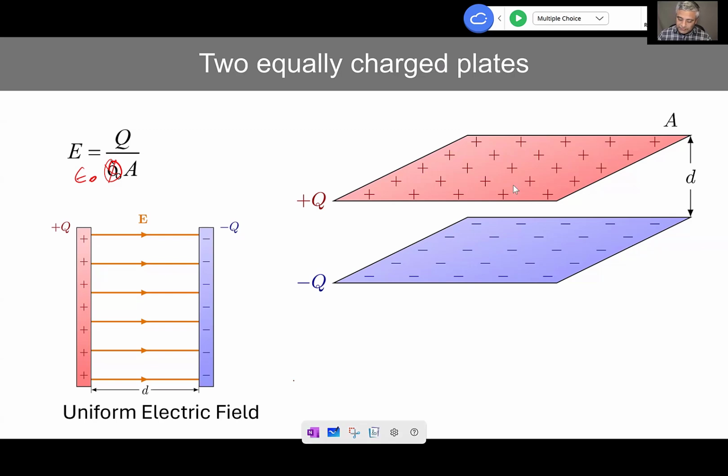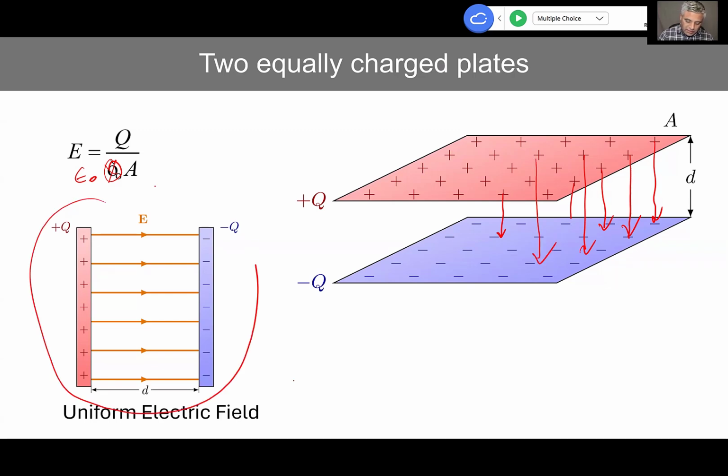Just like we saw in the demo video, the lines go from positive towards negative, right? That's how they look in two dimensions. That's how the field lines look.